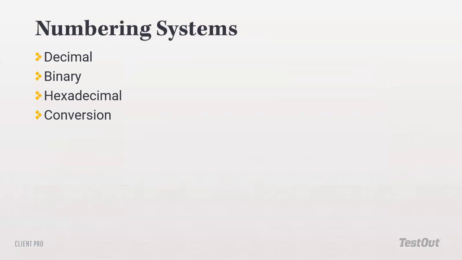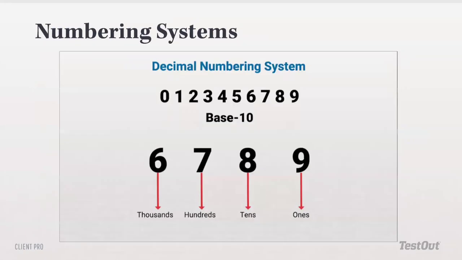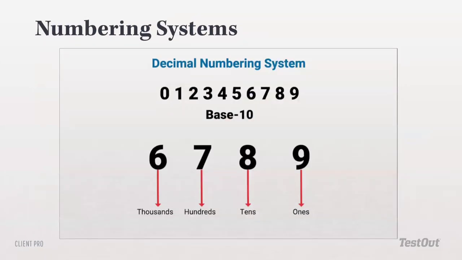So I've mentioned a couple of the different numbering systems already, and the one that you've dealt with, chances are all your life, is the decimal number system, right? And we have got numbers from 0 through 9, and most of us count from 1 to 10, but again, these are computers. They start counting with 0.